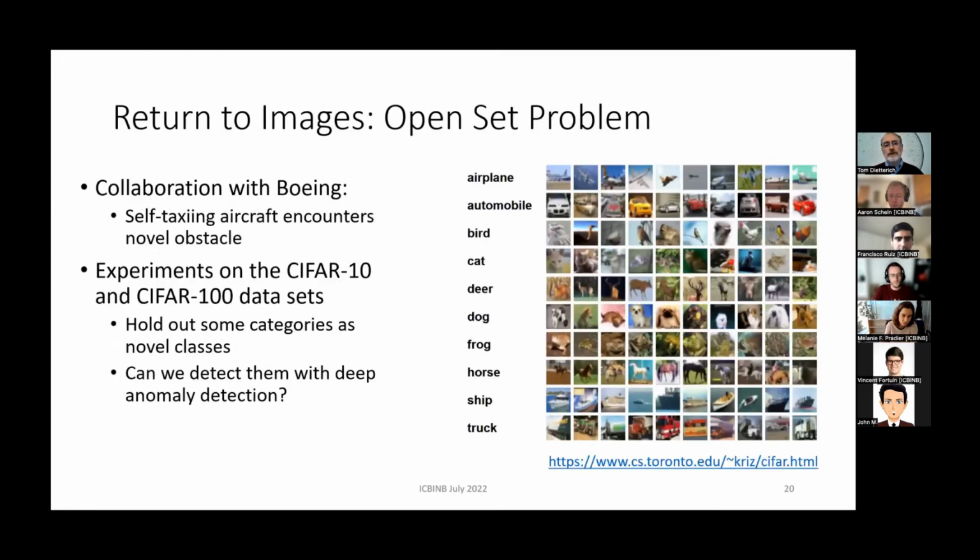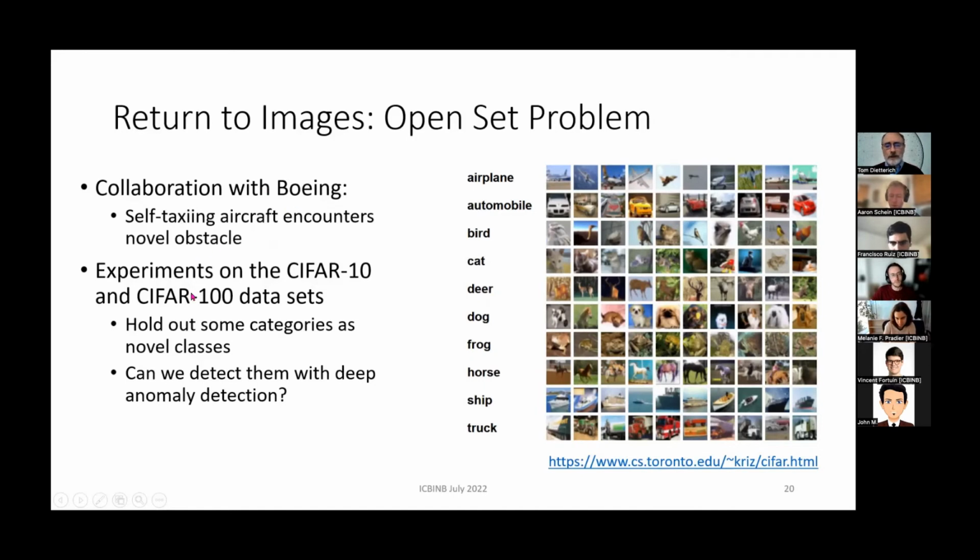Okay, well, so I came back to computer vision after the deep learning revolution. First working on some problems in detecting novel types of obstacles for self-taxiing aircraft. So this is sort of the self-driving airplane when it's on the ground, collaborating with Boeing.